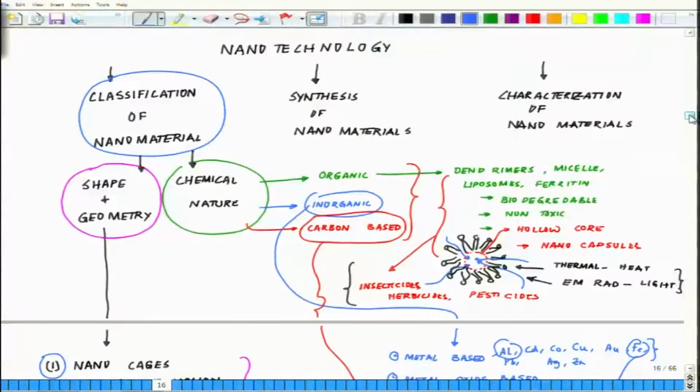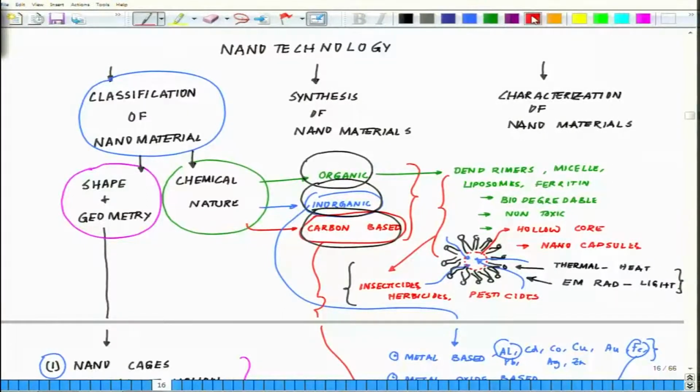In terms of their chemical classification, they are either organic based, or inorganic based, or carbon based.